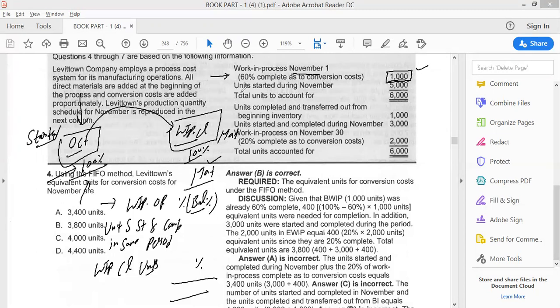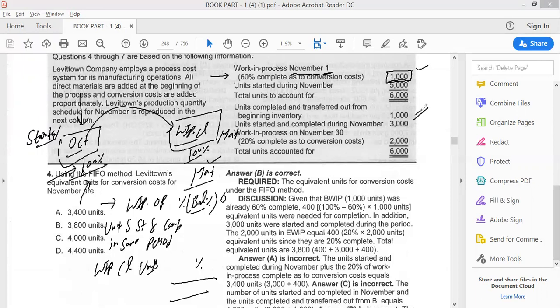So in November we are not going to add anything. These units became work in process closing of October and then the opening of November. 100% material was already spent on these units in October, and we will not spend anything related to material in November. So I'll take 0 here. Alright, students, here I'll take 0.